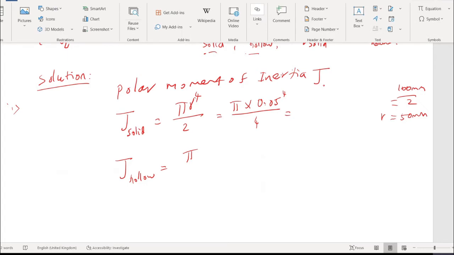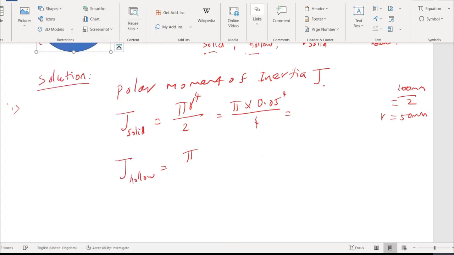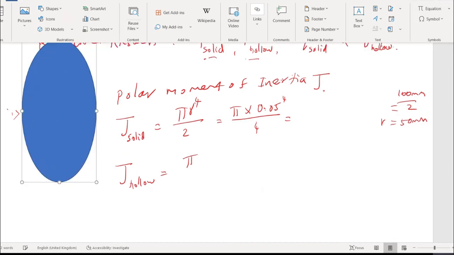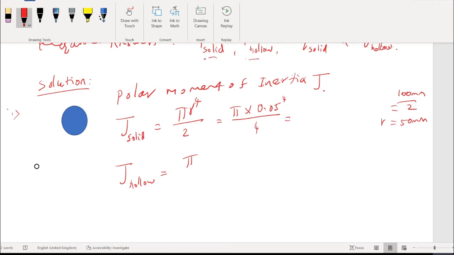Maybe insert circle. Okay, I got the circle, but it will be running here and there. Getting crazy sometimes. I keep it as a solid member. For the solid member the diameter is 100 mm.